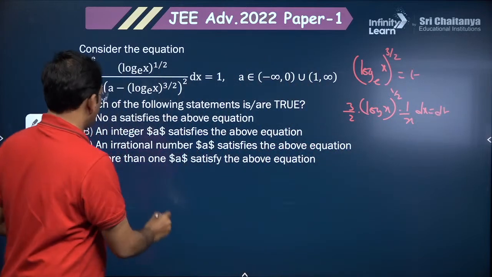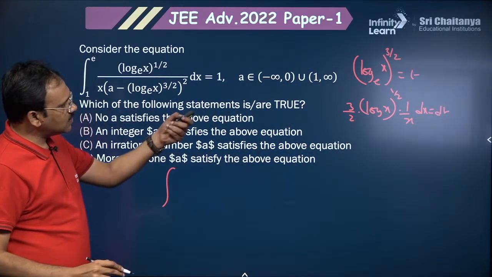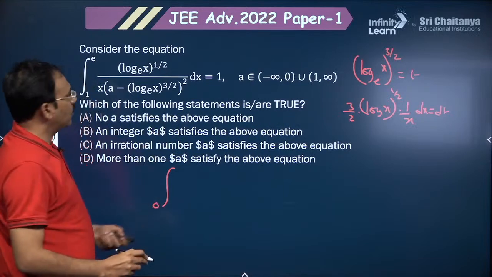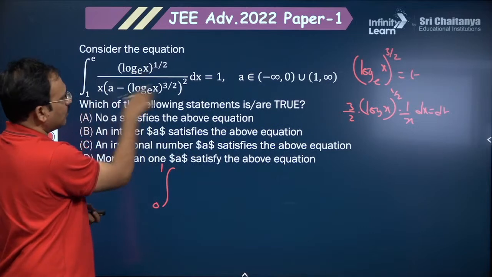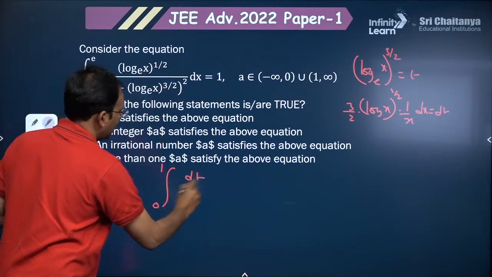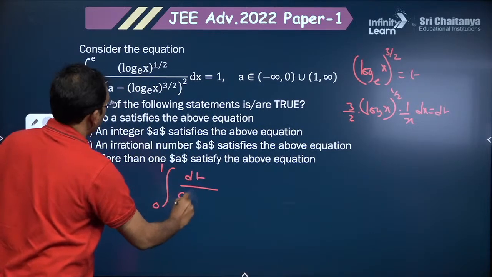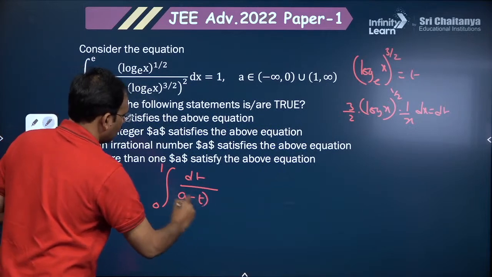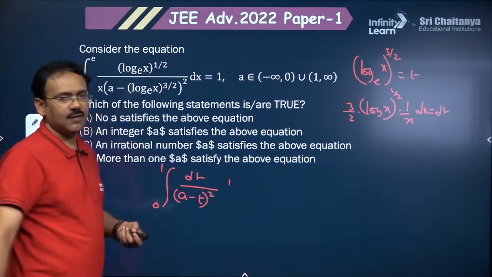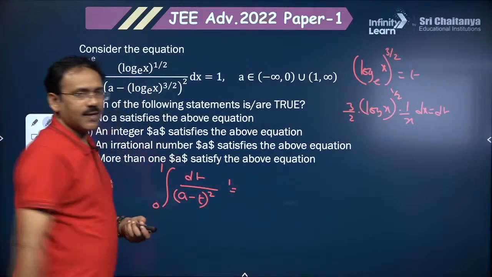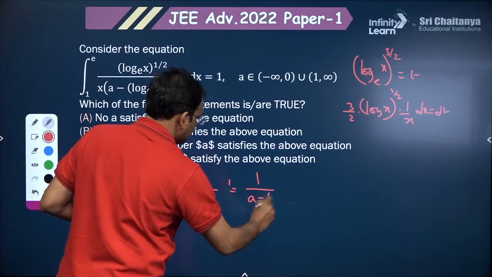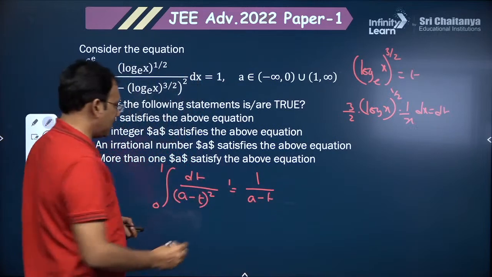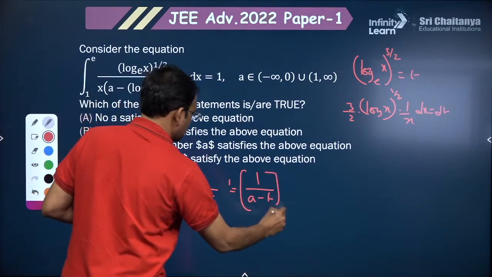When x is 1, log becomes 0, when x is e this becomes 1. So log x power 1 by 2 into 1 by x dx will become dt by (a minus t) whole square. The integral of 1 by x square is minus 1 by x, that is 1 by (a minus t), between the limits 0 to 1.